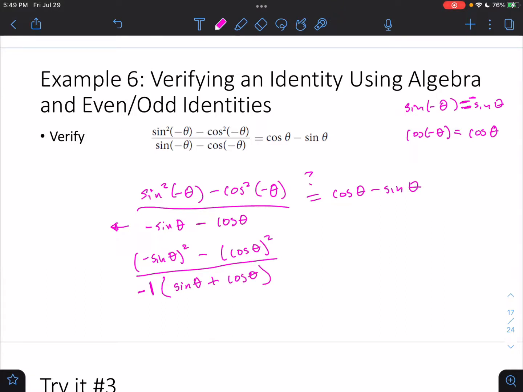And in the numerator, I can simplify some more. Negative sine squared is just sine squared minus cosine squared theta over negative sine theta plus cosine theta.